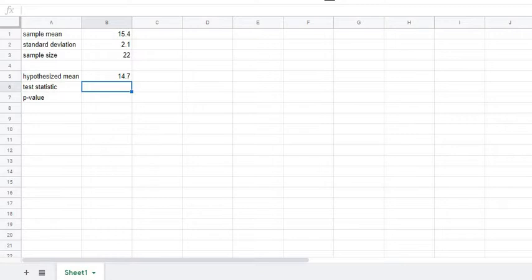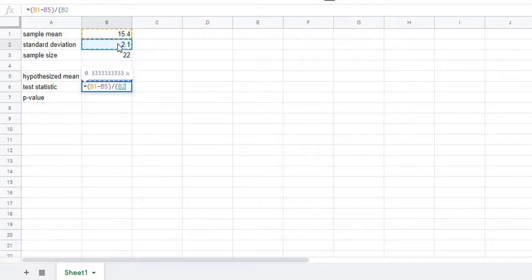So what I'm going to do is type in my equal sign. Now the numerator I'm going to enclose in parentheses. We want to take x bar, which is the sample mean, minus the hypothesized mean, or mu. We're going to enclose that in parentheses. Then we're going to divide it by, again, since the denominator includes a division sign, we're going to include that in parentheses.